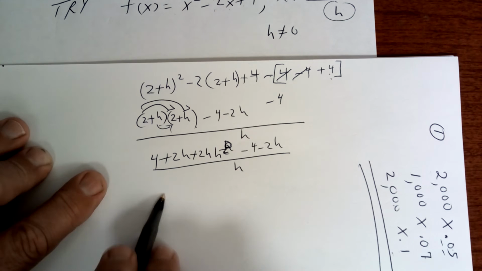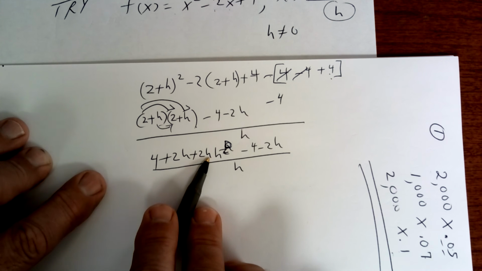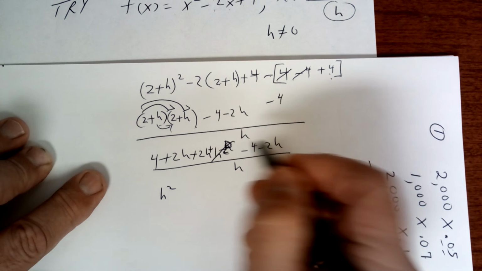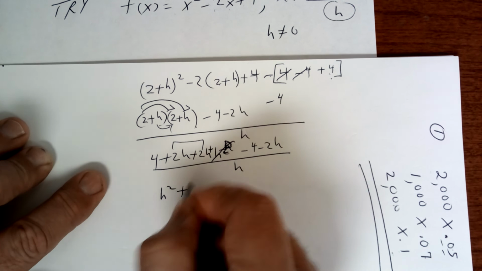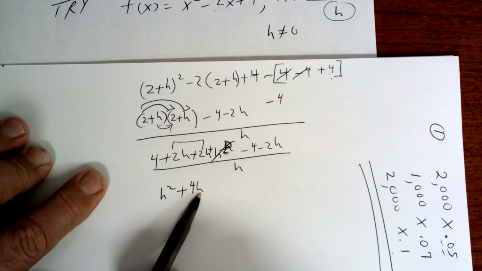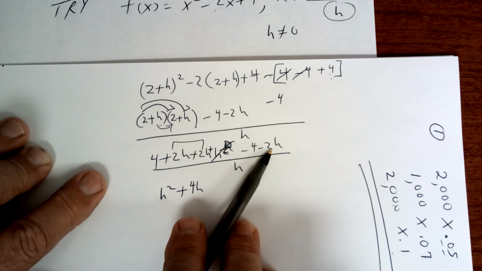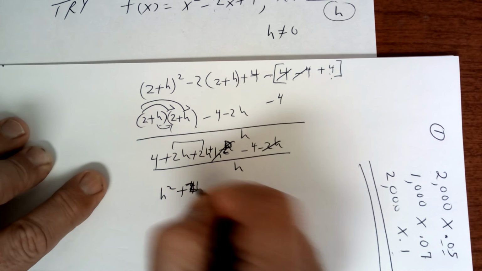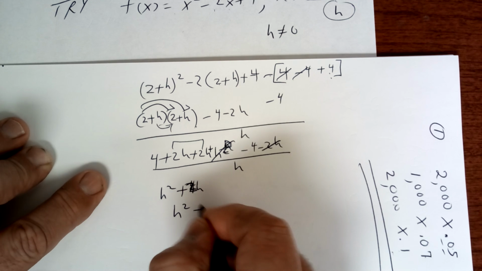That should be a plus h squared, so I'm going to move that to the front. 2h and 2h is plus 4h. But I have minus 2h here, so I'm just going to say plus 2h. 4 minus 2, so it's h squared plus 2h.